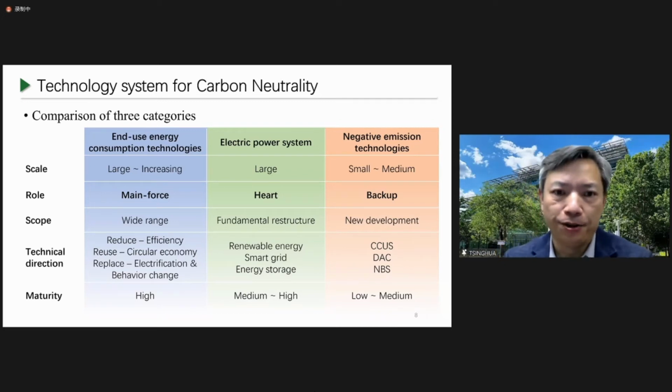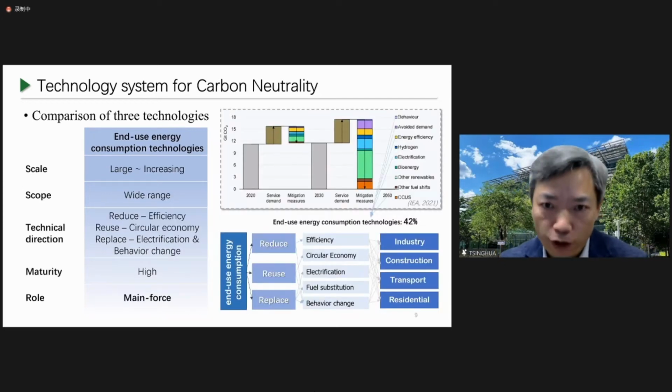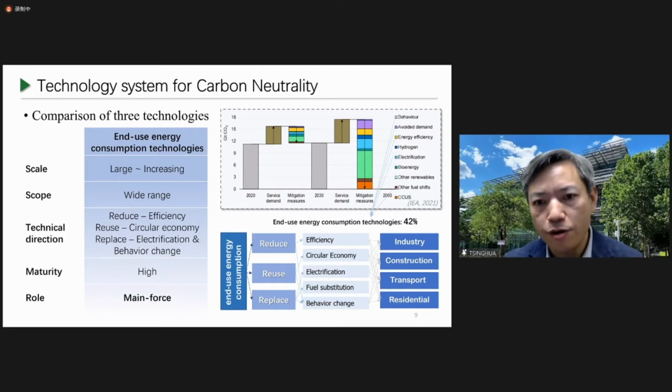For the end use, which accounts for about 40% of CO2 emissions in China, it's no doubt to have large emission mitigation potential and will play the main force role in the way forward to carbon neutrality.